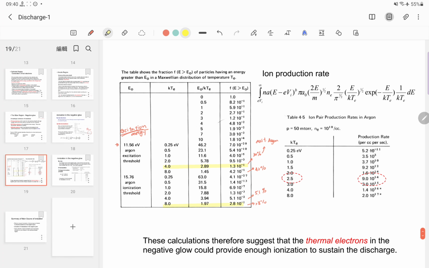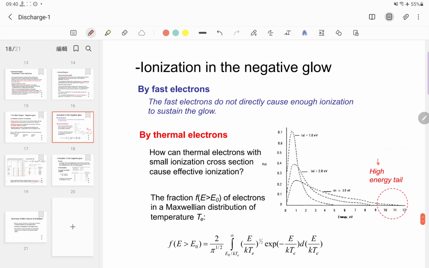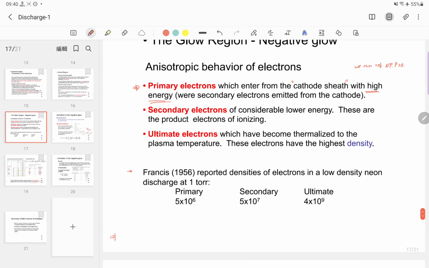So after this analysis, in this chapter, the DC glow discharge chapter, also emphasized the importance of the negative glow. So negative glow is a necessary part of a DC glow discharge.